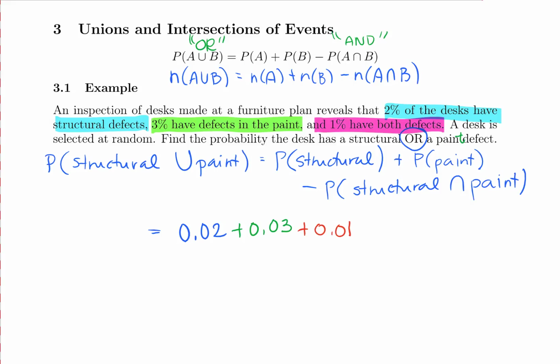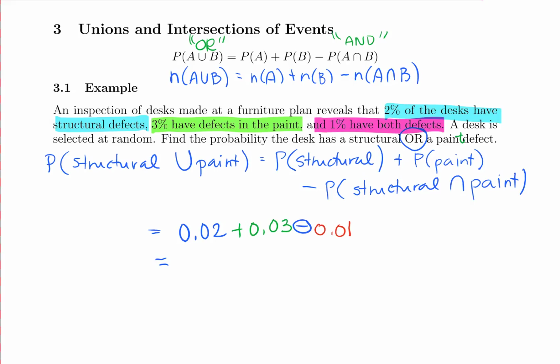And so the probability that we have a structural or a paint defect is going to be 0.02 plus 0.03. Oh, and I wrote plus, but this really should be minus because we've potentially double counted. By counting the desks that have structural defects, some of those could have also had paint defects, and so that's why we need to subtract that 0.01.